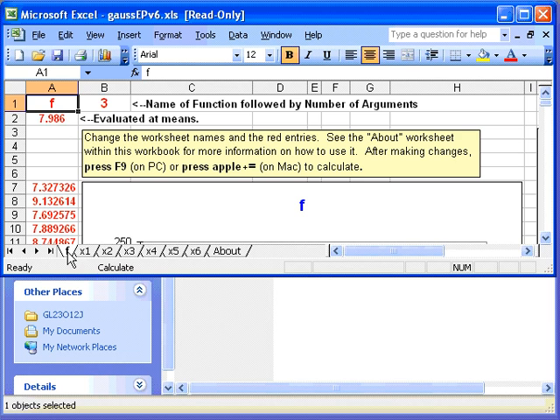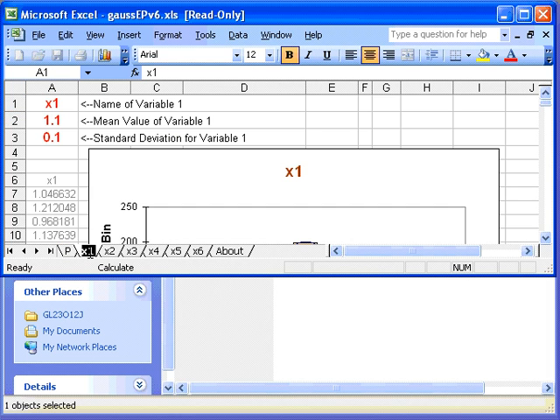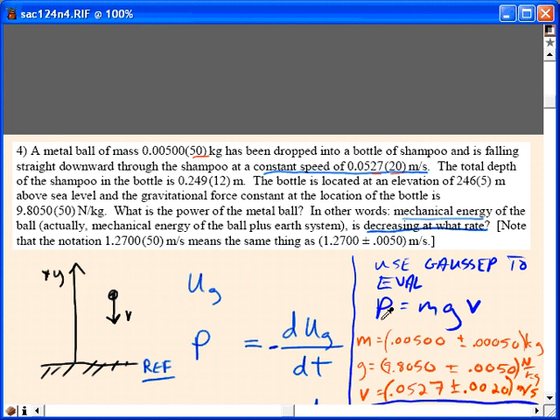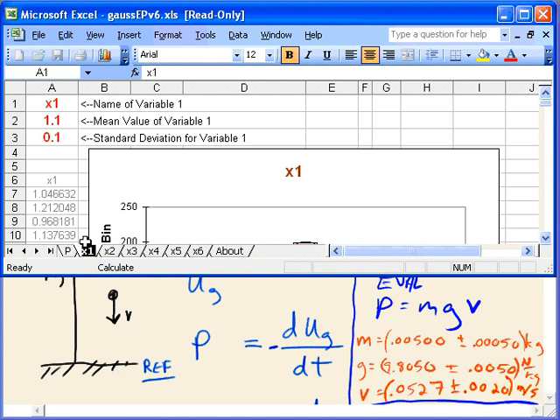I'm calling that P. I'm going to double click right here. Capital P for power, return. Double click on this first tab. We were gunning for capital P equal to mgv. So I'll go change that to an m.